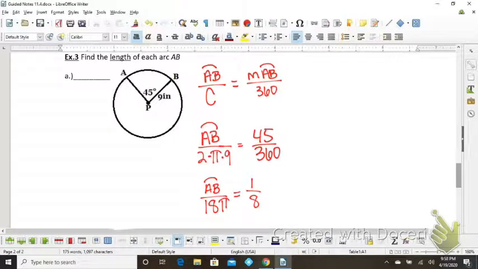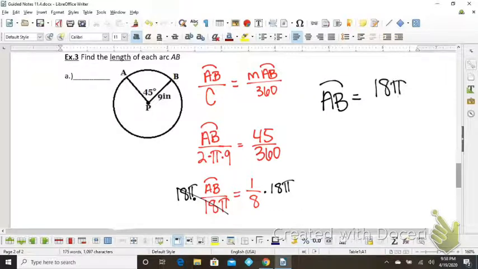In order to get arc AB alone, we need to get rid of this denominator. So I'm going to multiply both sides by 18 pi. When I do that, it'll cancel out completely on the left side. So I'm left with arc AB equals, well, now I have 18 pi over 8, which will simplify.